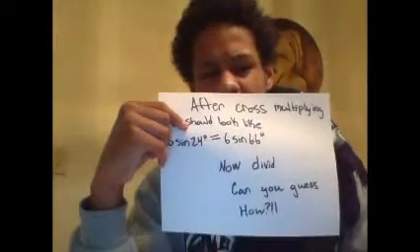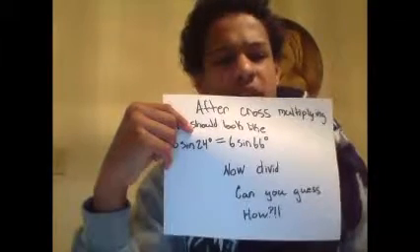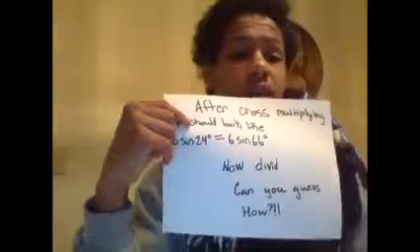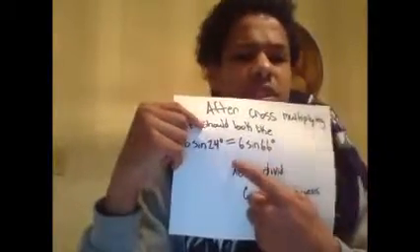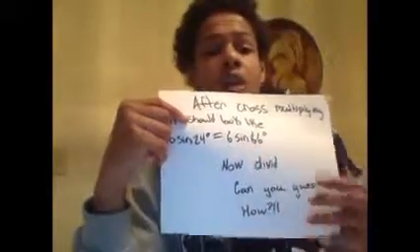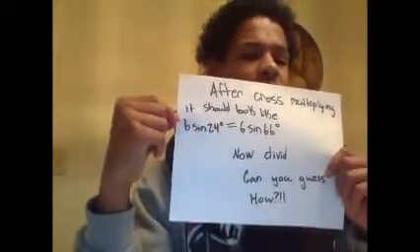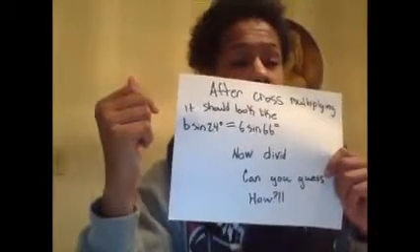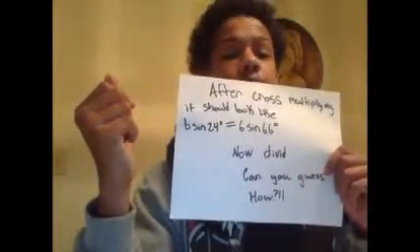Can you guess how to divide this? It's very easy. What are we solving for? Are we solving for 6 sine 66? No. Are we trying to solve for sine 24? No. What are we solving for?